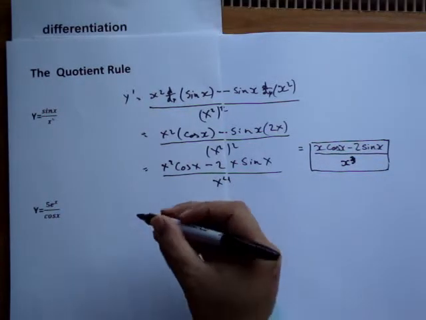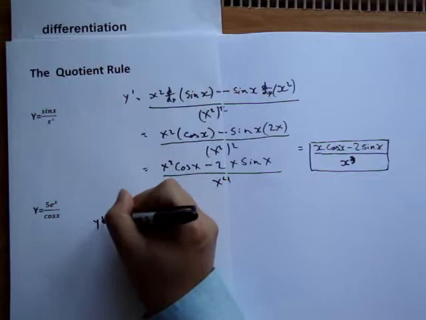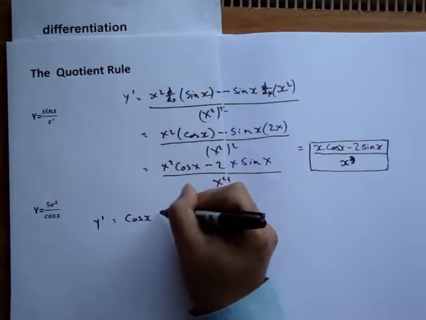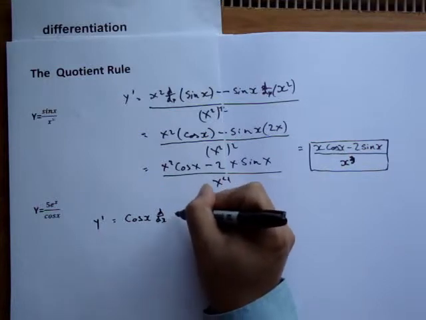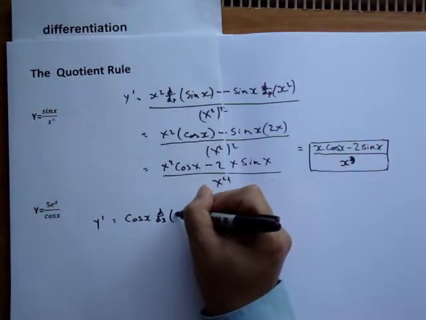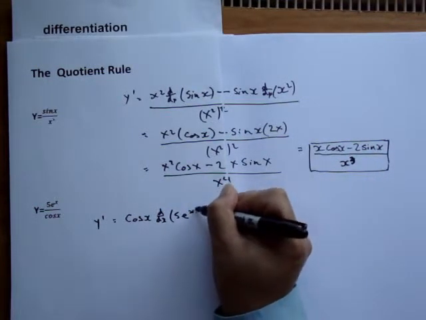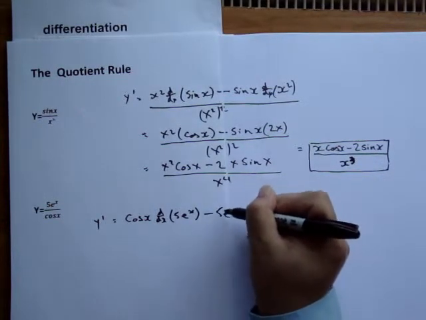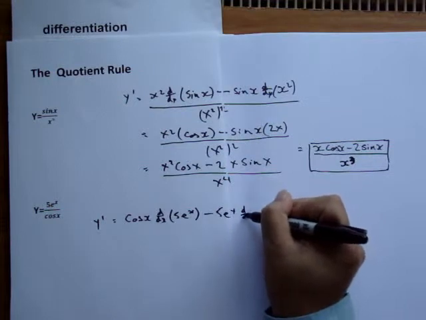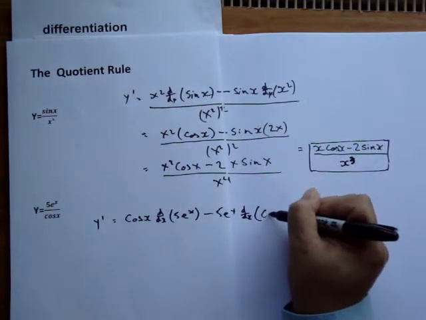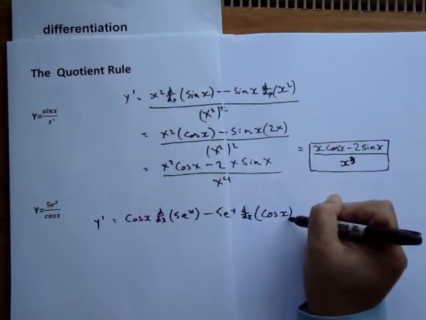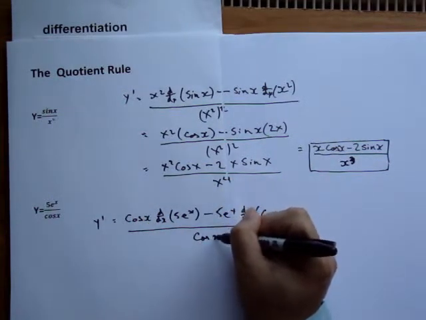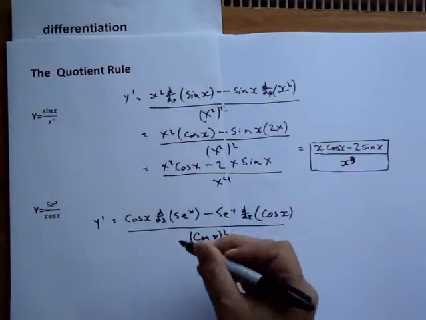Okay, in this case, y prime equals cos x, derivative of 5e to the x, minus 5e to the x multiplied by the derivative of cos x, all over cos x squared.